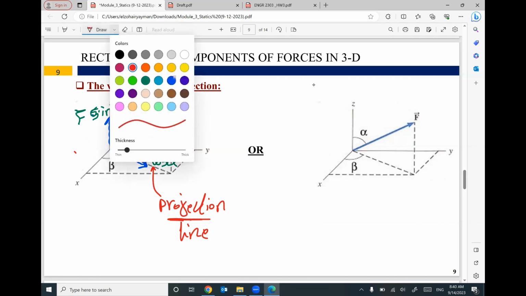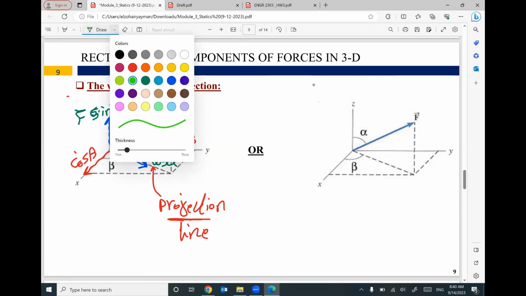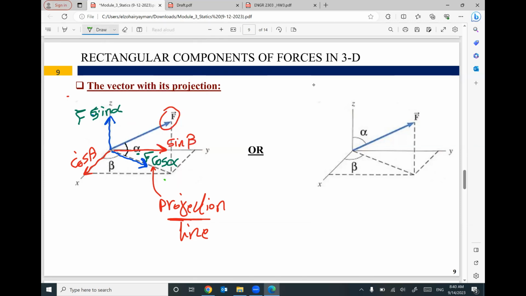The next step, I will break the projection line component, which is F cosine alpha, between x and y. Which angle is between the 2 red lines? We will have angle beta adjacent to the x component. So this one will be cosine beta and the other one will be sine beta. The value being broken is the projection line, which is F cosine alpha.